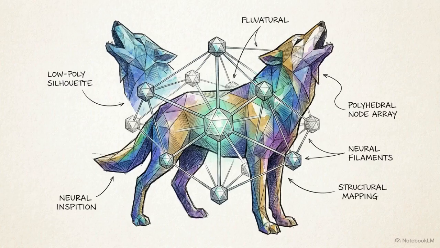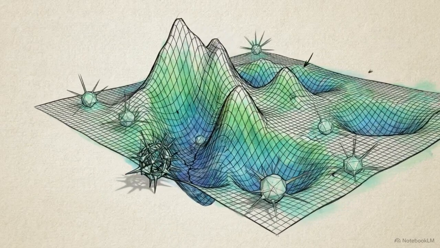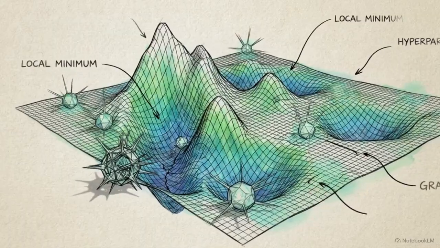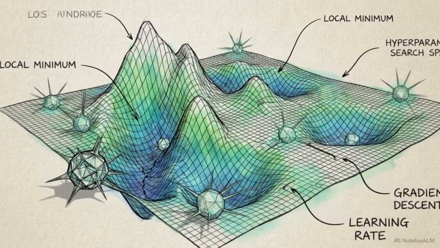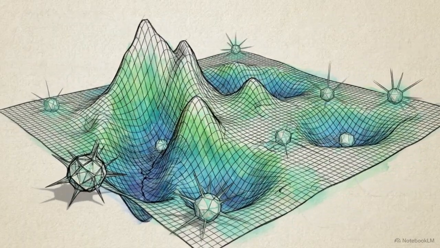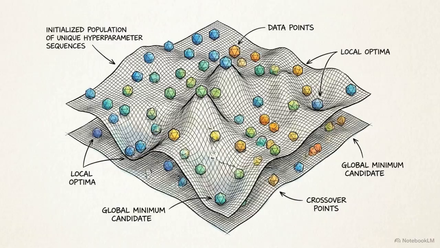To bypass this, researchers introduced the Coyote-Gray-Wolf optimization algorithm, or COGWO, a biologically inspired model. Think of the hyperparameter search space as a multidimensional topological map of peaks and valleys, where the lowest valley represents the optimal neural network weights. The algorithm initializes a population of nodes across this map.